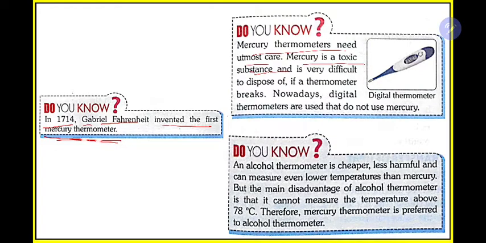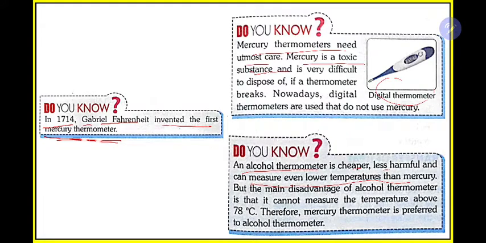Nowadays digital thermometers are also there, which are very effective. Now no one uses this glass thermometer, most people use digital thermometers. An alcohol thermometer is cheaper, less harmful, and can measure even lower temperatures than mercury. So there are other types of thermometer also, other than mercury.